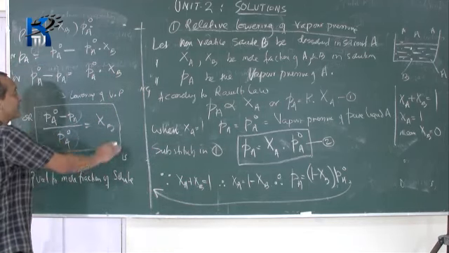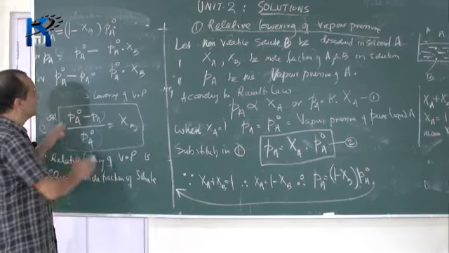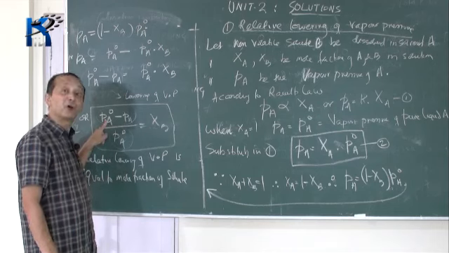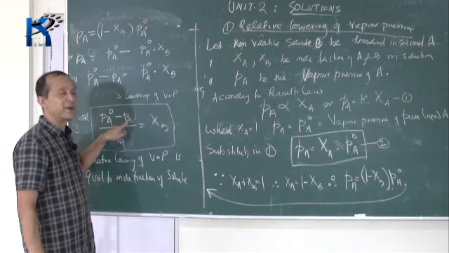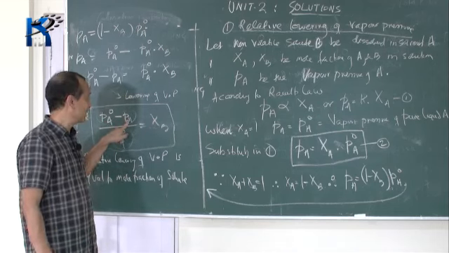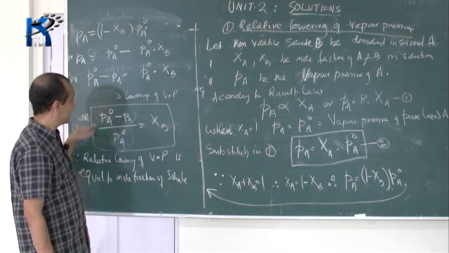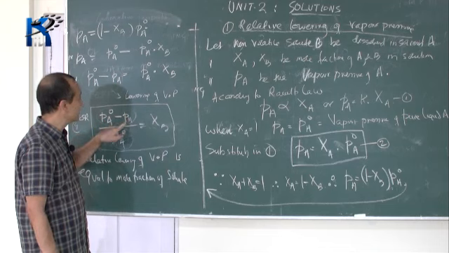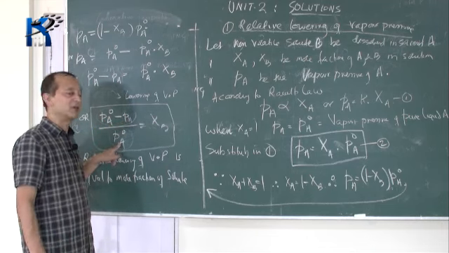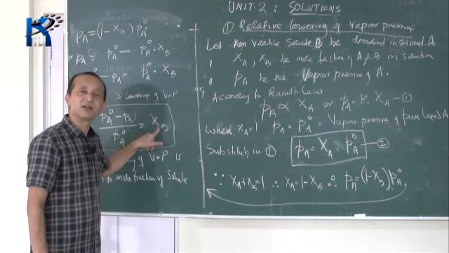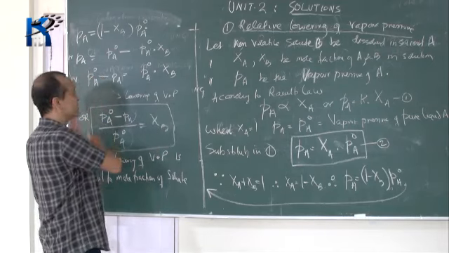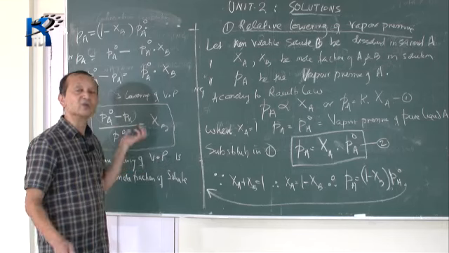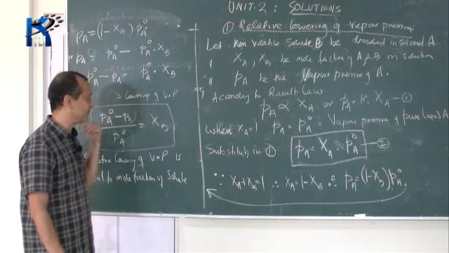This is the expression we were talking about. If you know the vapor pressure of the pure solvent and the vapor pressure of the solution, then the vapor pressure of pure solvent minus that of solution, divided by the vapor pressure of pure solvent, is equal to the mole fraction of the solute. Using this expression, you can simplify it and use it for problems. That is number one.